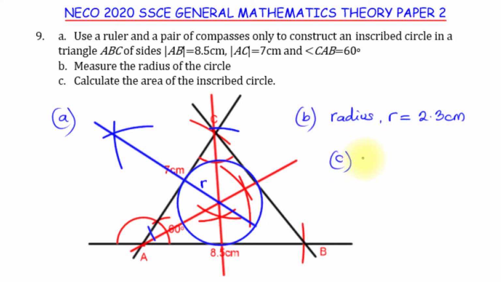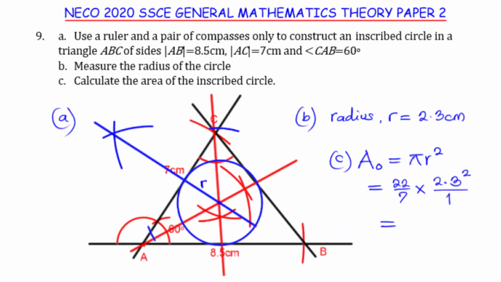You know that the area of the inscribed circle is defined as pi r squared by reason of the formula for the area of a circle, and pi is 22/7. R we have obtained to be 2.3, raised to power 2, to input in the formula.